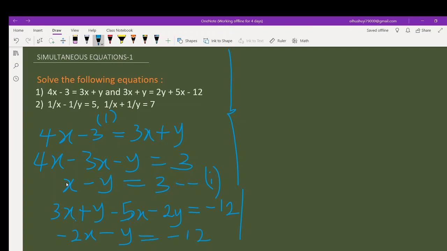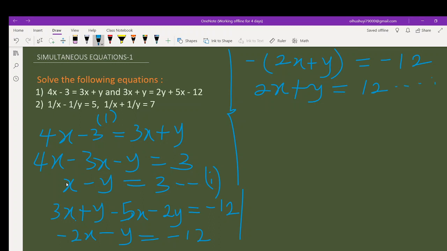You can factor out the negative sign. If you divide through by minus 1, or you multiply both sides by minus 1, either of them, you get 2x plus y, and that becomes 12.